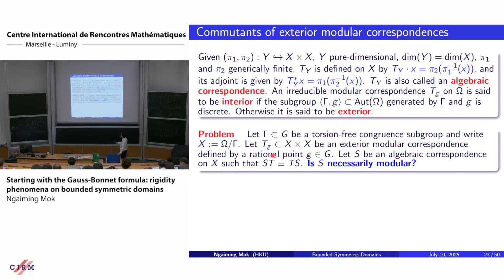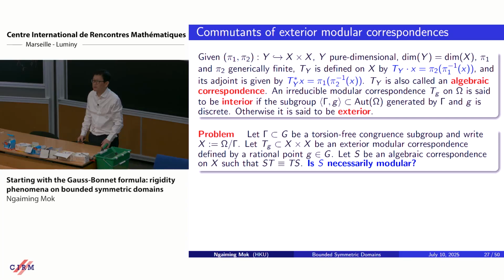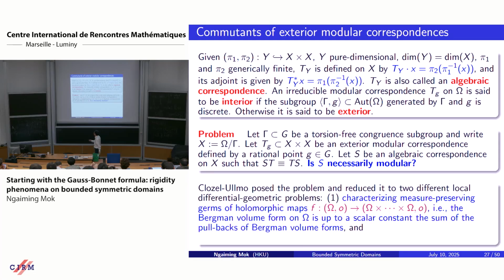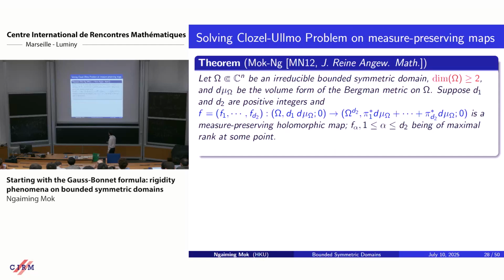They were looking at the commutants. So this is another thing I want the new members of our community to know. One should keep track of what is being done and questions being raised in other fields of mathematics. And one great thing they did was to translate the problem into two problems in differential geometry. And then I solved this.